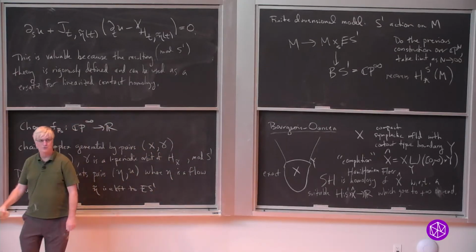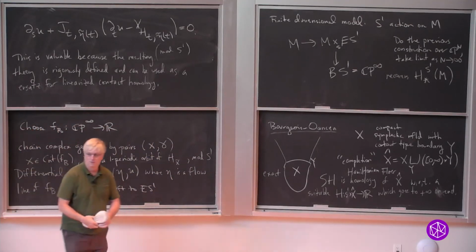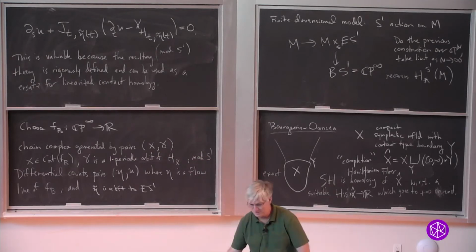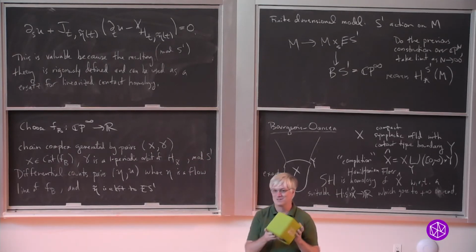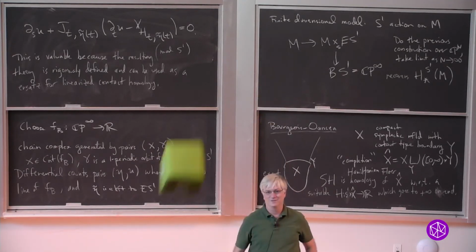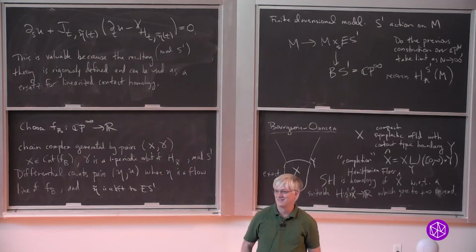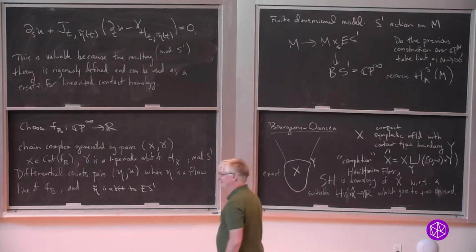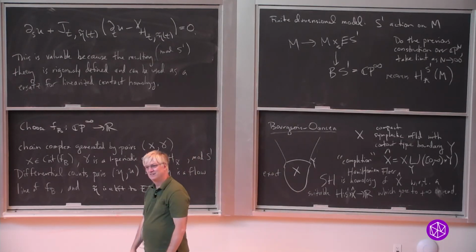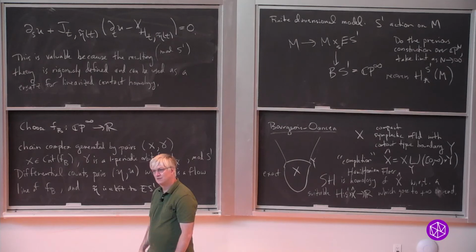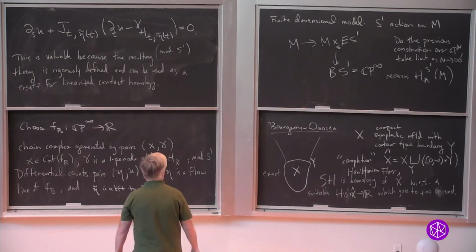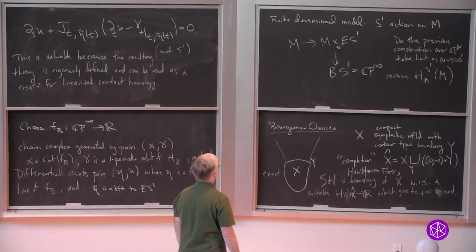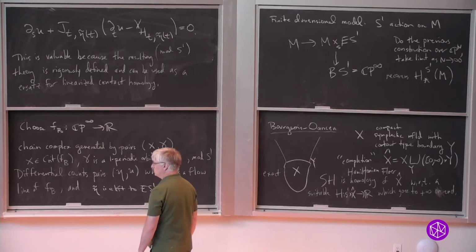Now, can you pass this down? How do we compare this directly with the finite dimensional picture? So the base will be BS1, but it's not exactly that picture over there.